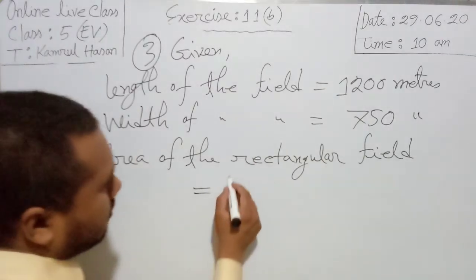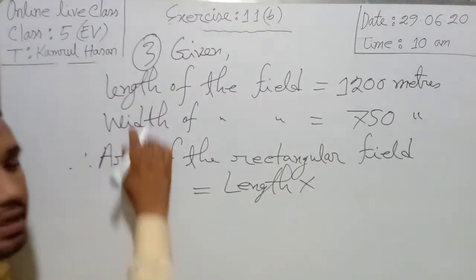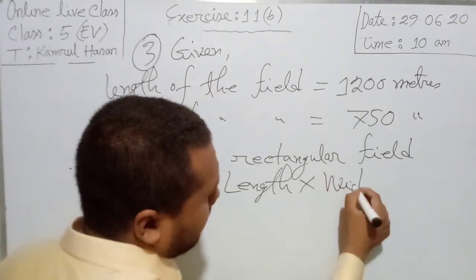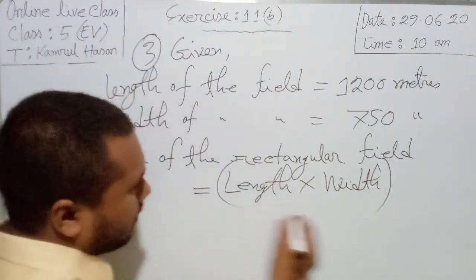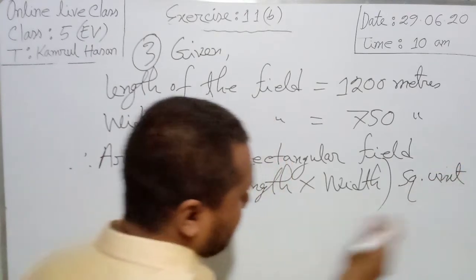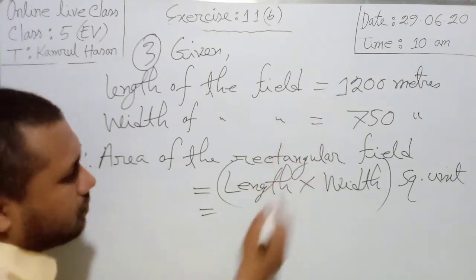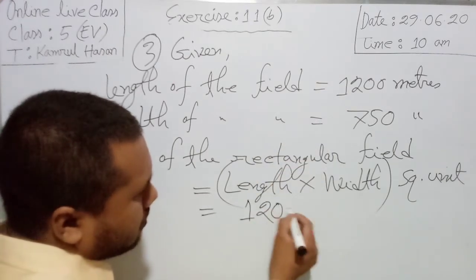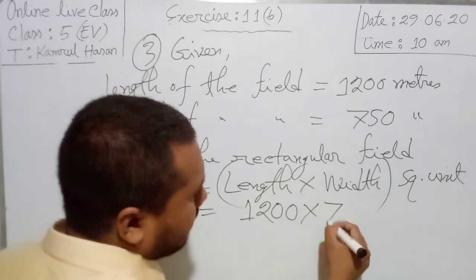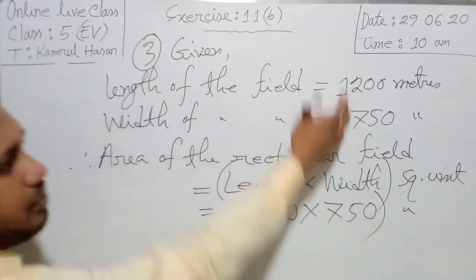Length into breadth, that is what you can say, square unit. At first you need to write the formula. Now input the values: 1200 and 750. Good. Square, what will be the unit? Square meters.